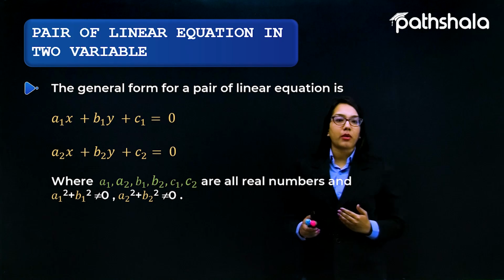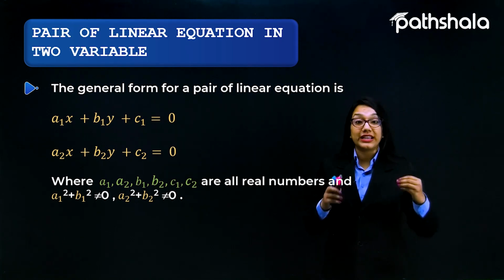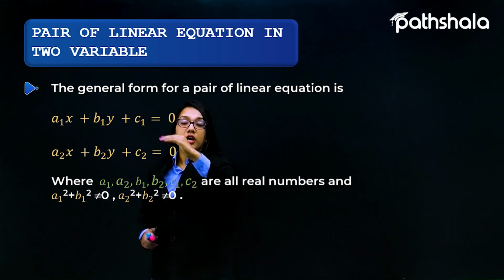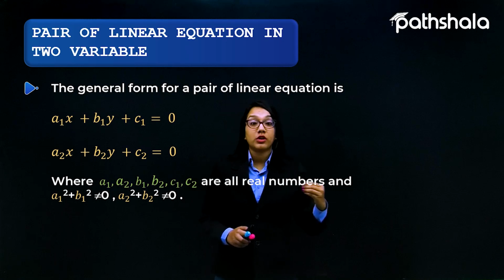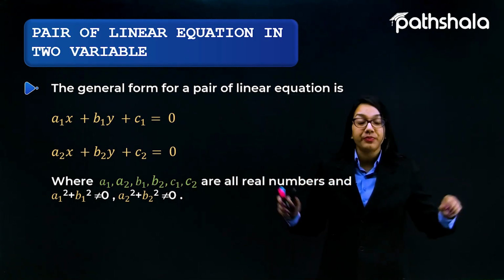Now let's talk about a single line. If we are talking about just a single line, that is a1x plus b1y plus c1 is equal to 0. If we represent this line on a graph, it definitely comes out to be a single straight line.